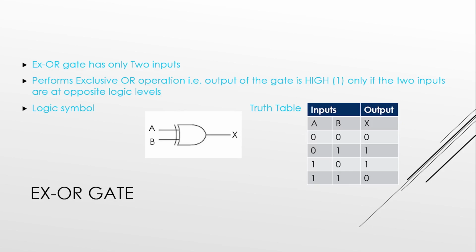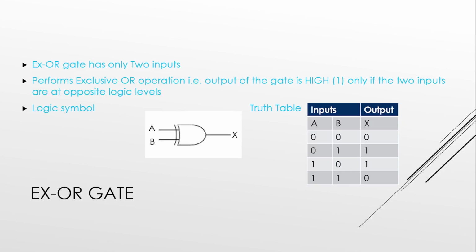And what is exclusive OR operation? Let us define exclusive OR operation. Exclusive OR operation is that where output of the gate is high or 1 only if the two inputs are at opposite logic levels. So it has only two inputs. If these two inputs are at opposite logic levels, that means one input is 0 while other is opposite to that, that is 1.